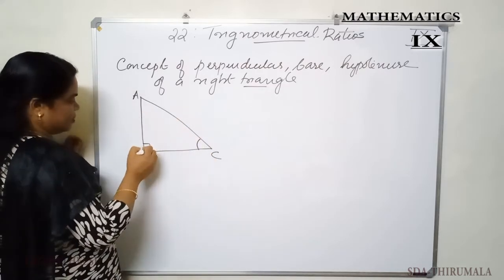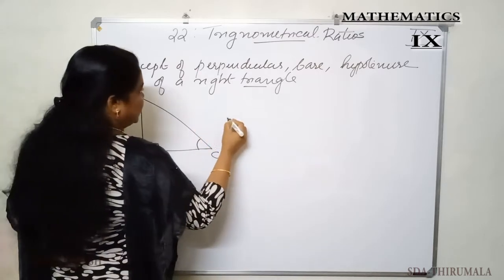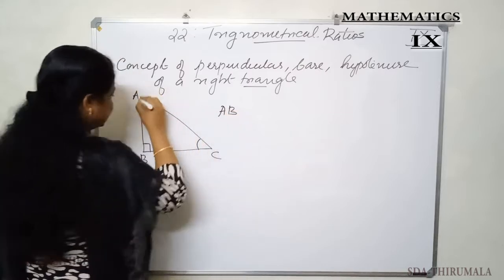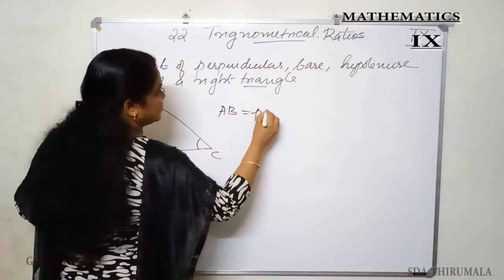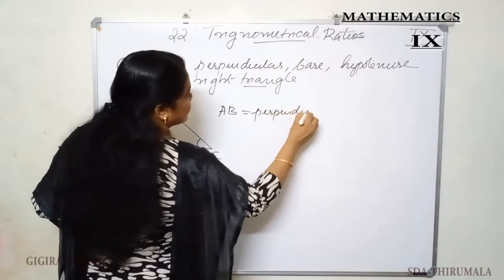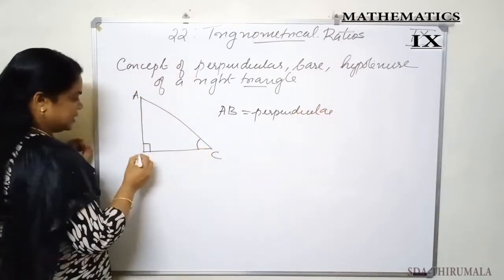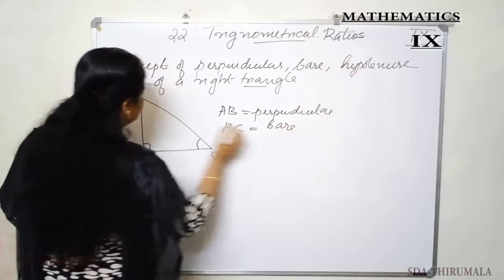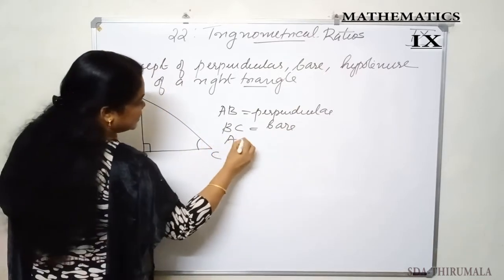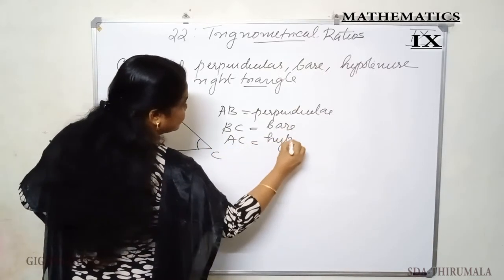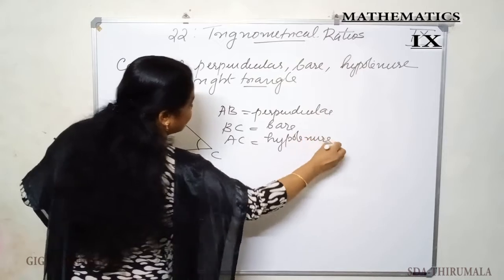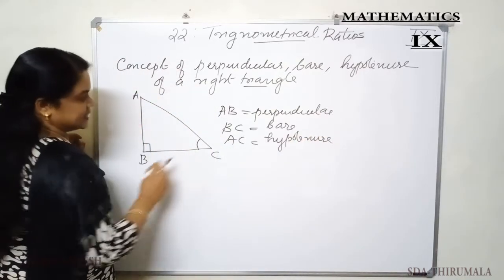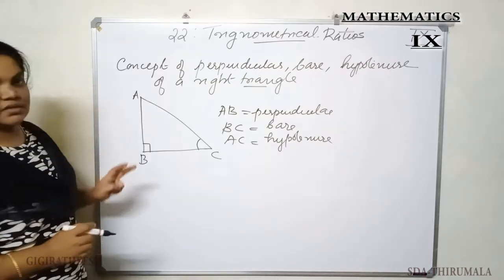AB is the perpendicular, and BC is the base, and the lengthiest side AC is the hypotenuse. So AB is the perpendicular, BC is the base, and AC is the hypotenuse of this right angle triangle ABC.